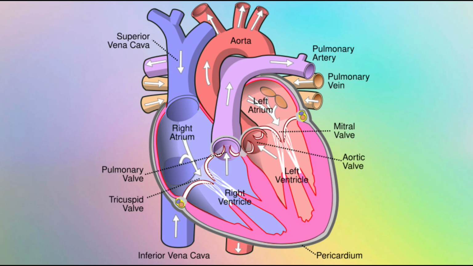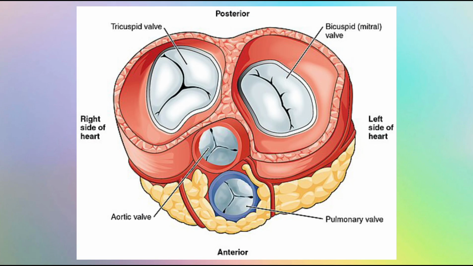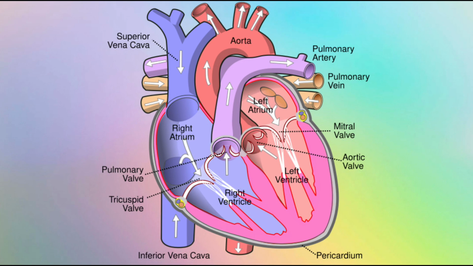The opening between the right atrium and right ventricle is guarded by a valve. It is a valve which is formed of three muscular flaps or cusps, so it is the tricuspid valve, whereas a bicuspid or mitral valve guards the opening between the left atrium and the left ventricle.